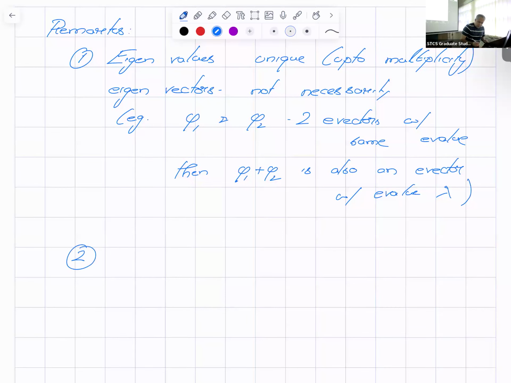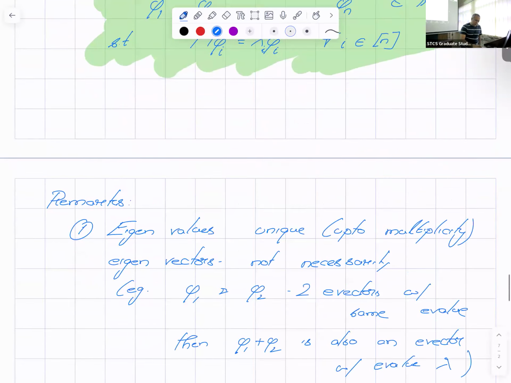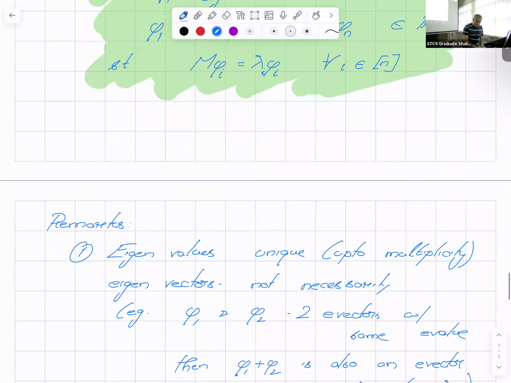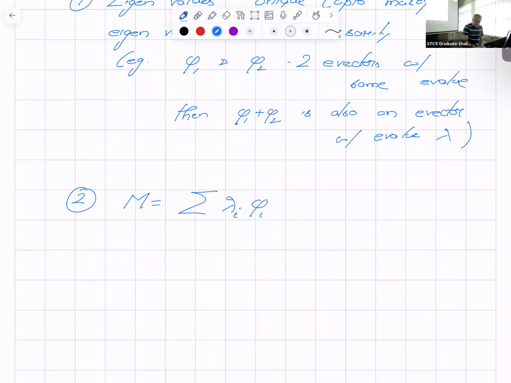And then another property which we will find useful: this matrix M, so far we wrote the matrix this way. I want to say this matrix M actually looks like the summation of lambda_i phi_i phi_i star.